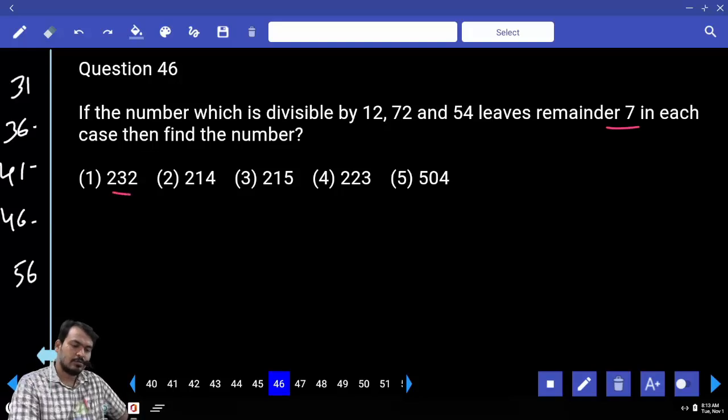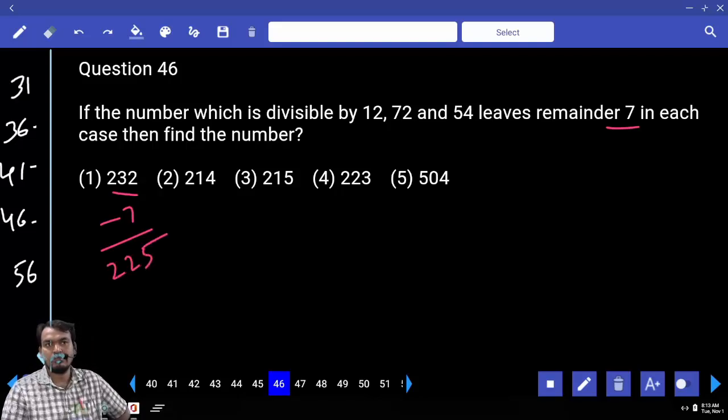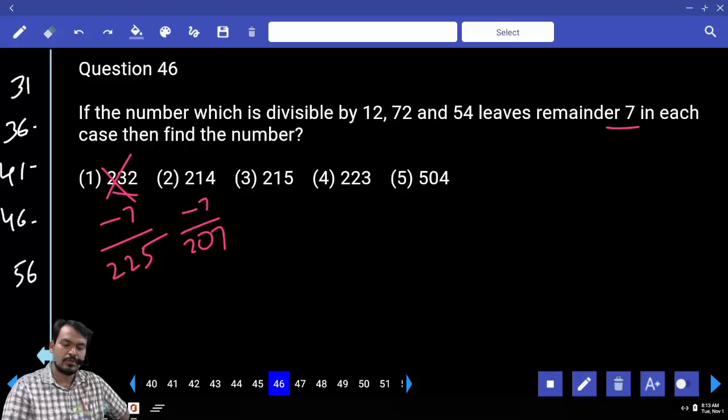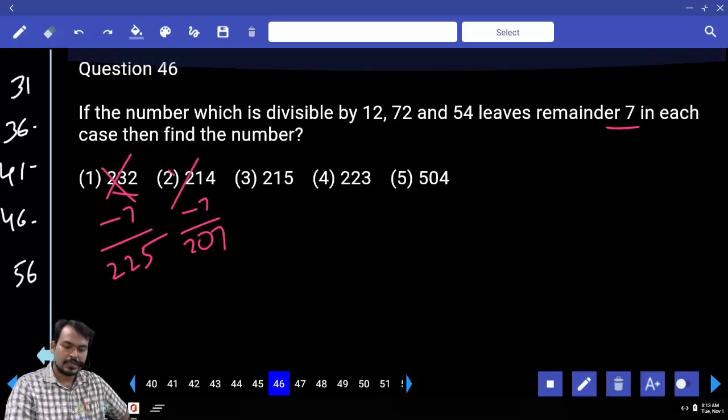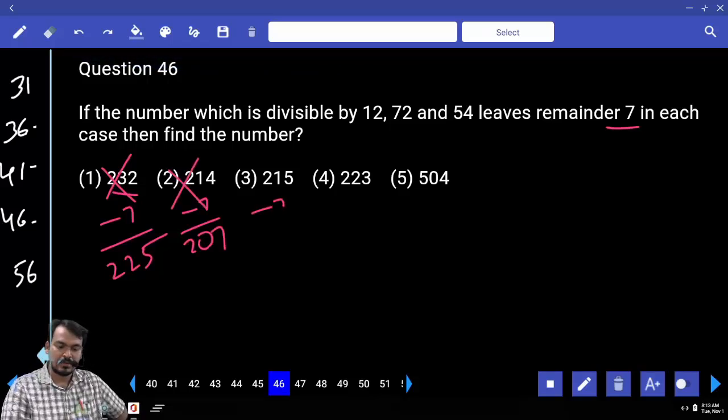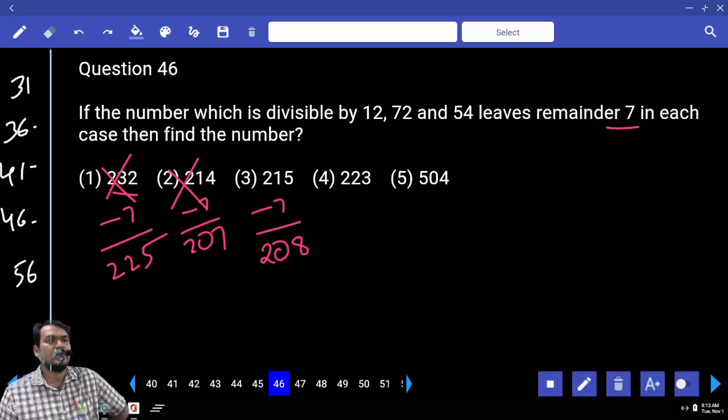What is the first option? 232 minus 7, 225. Is 225 divisible by 12? No. Next, second option 214 minus 7, 207. Is it divisible by 12? No. Next, 215 minus 7, it is 208. Is it divisible by 12? 12 ones are 12, remaining 88. No. 223 minus 7.